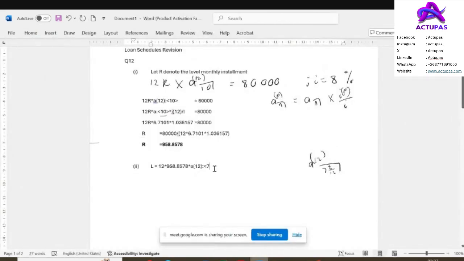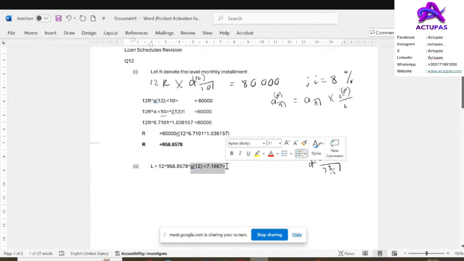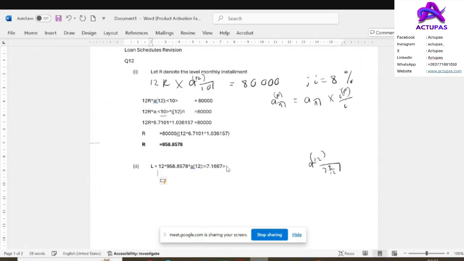So this would be 7.1667, like this. And this is at 8%. And we can't find this in the table, so we have to determine it from basic principles.